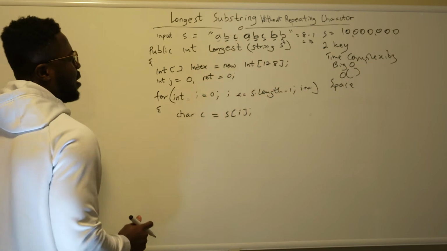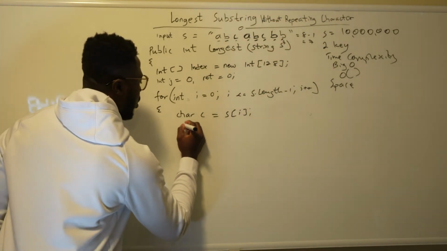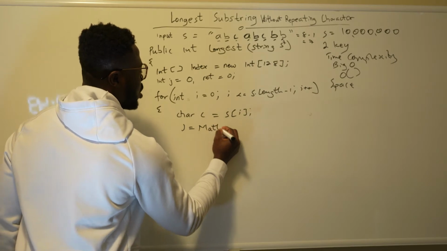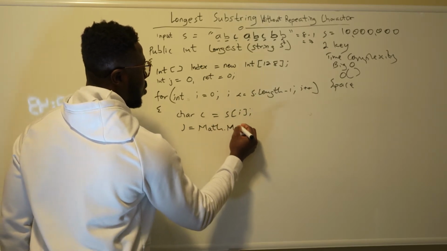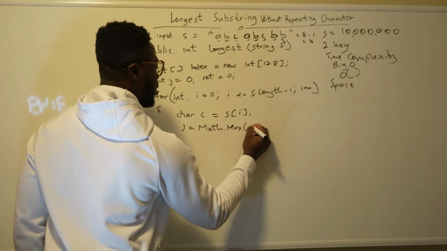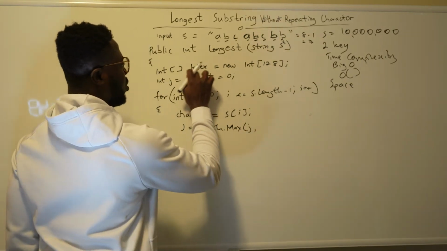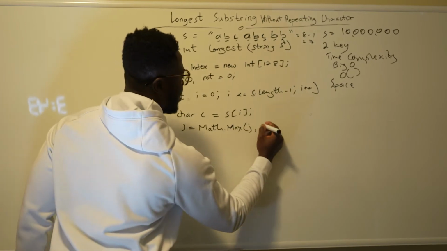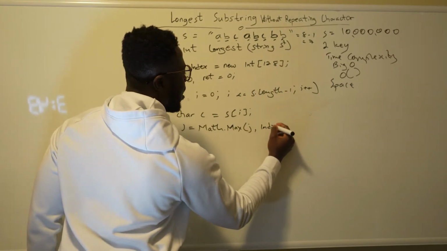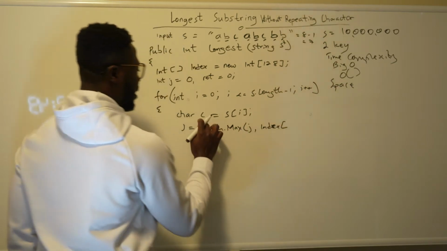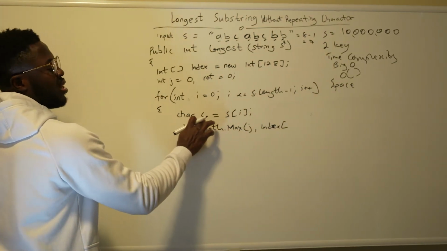Then we are going to set j, because j is going to help us keep track of it: max of j, comma, then we come here and reference the index of the character, whether we've set it, which is c, because this is the character.